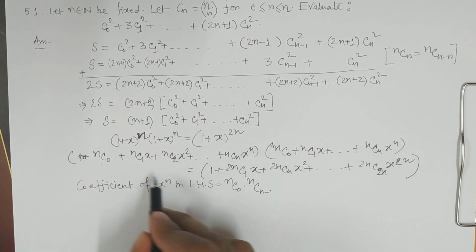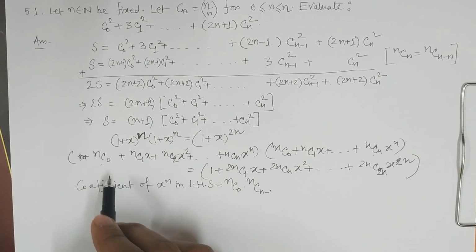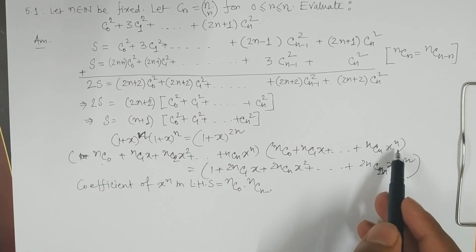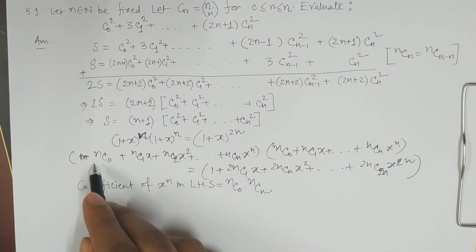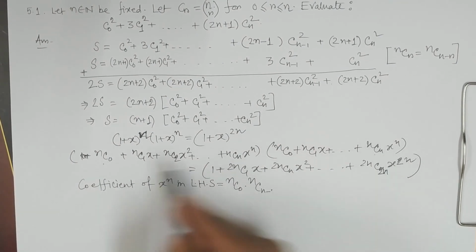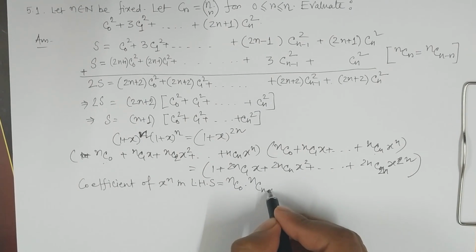No, sorry, I am mistaken. The coefficient of x to the power n is here nCn. So the product coefficient of x to the power n is nC0 into nCn.